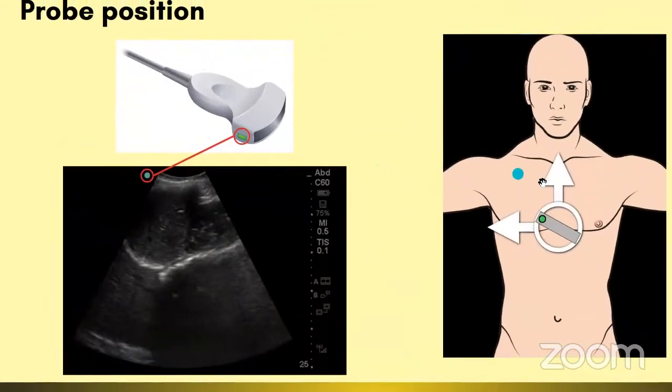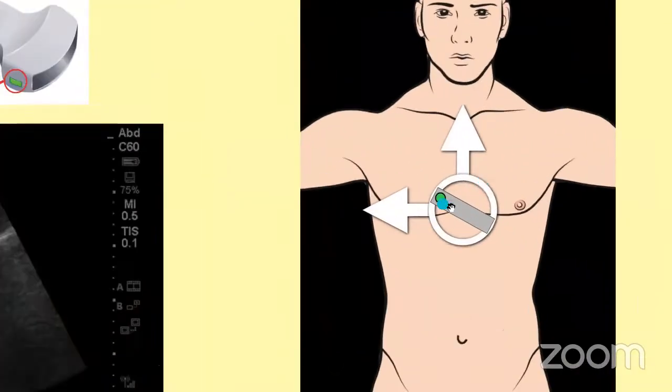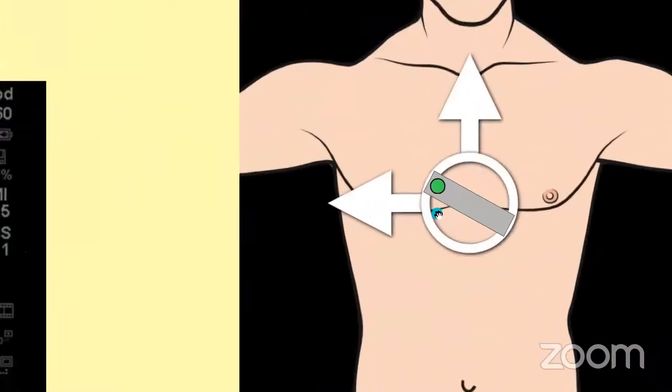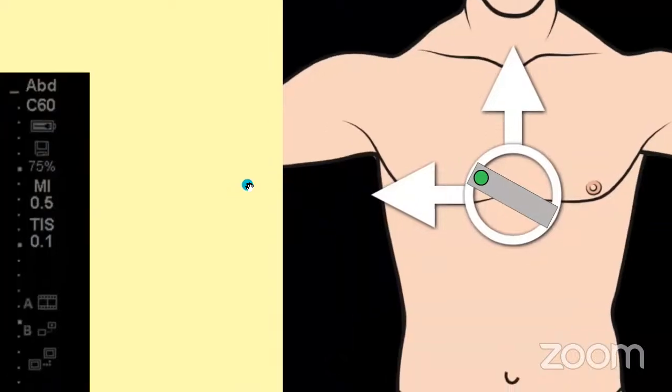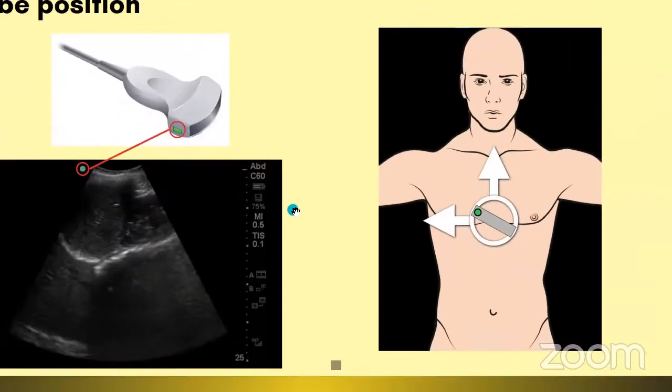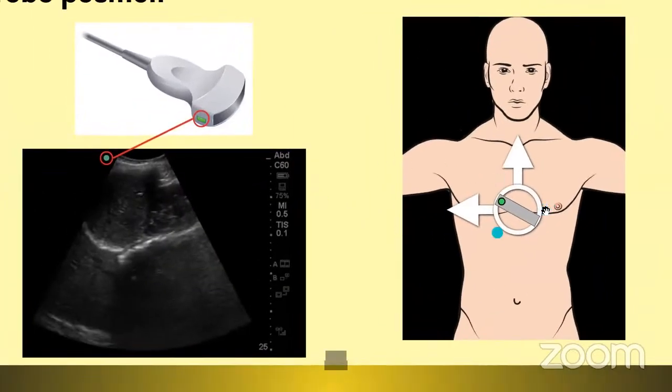So by convention, this probe orientation marker should always be between these two directions, which are right or cephalad. Cephalad means towards the head. So within this 90 degree range must be the probe orientation marker. This convention is followed because if there were no convention, I could just blindly put this orientation marker to the left, let's assume.